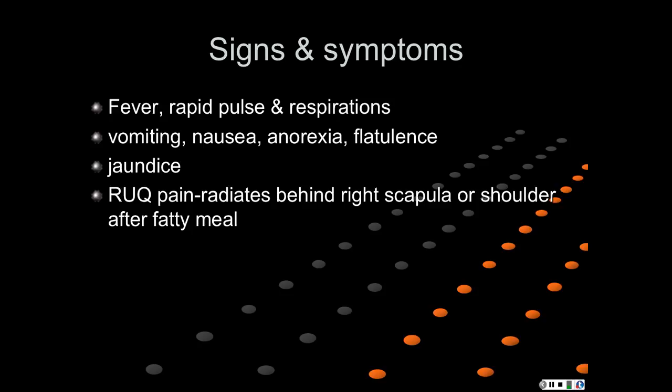Signs and symptoms of cholelithiasis: fever, rapid pulse, respirations, vomiting, nausea, anorexia, flatulence due to poor fat digestion, jaundice due to blockage, right upper quadrant pain radiating behind the right scapula or shoulder, particularly after a fatty meal, that's the referred pain.